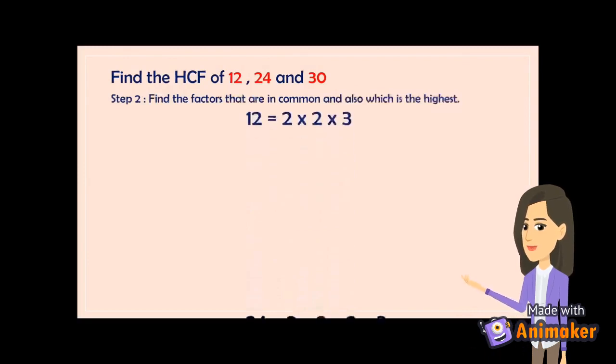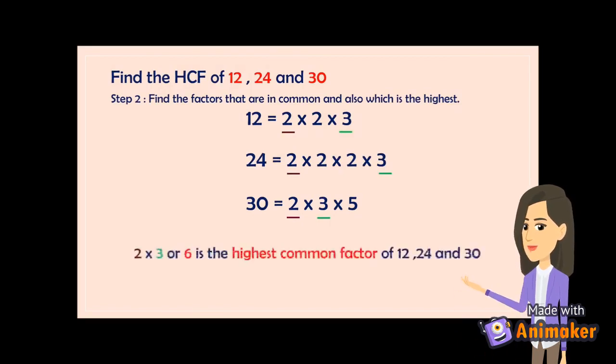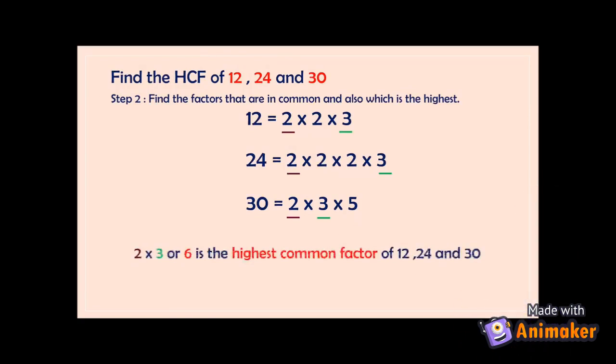So here is 12, here is 24, here is 30. Now trying to find the common factors here. 2 happens to be the first common factor in all these numbers. Then we find that 3 is also a common factor for all these numbers. The combination of 2 into 3 or 6 will be the HCF of 12, 24 and 30.